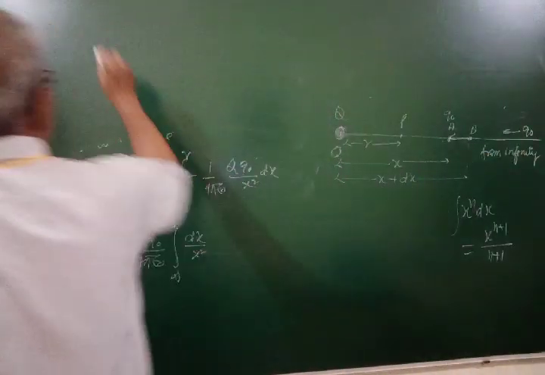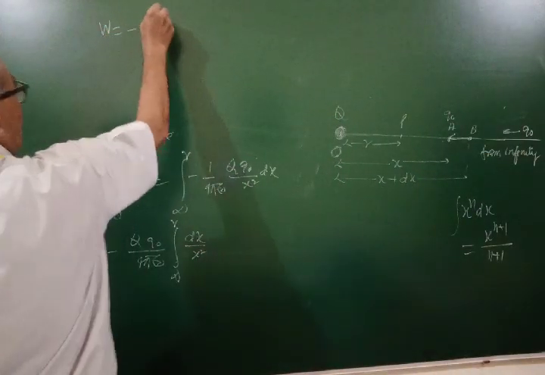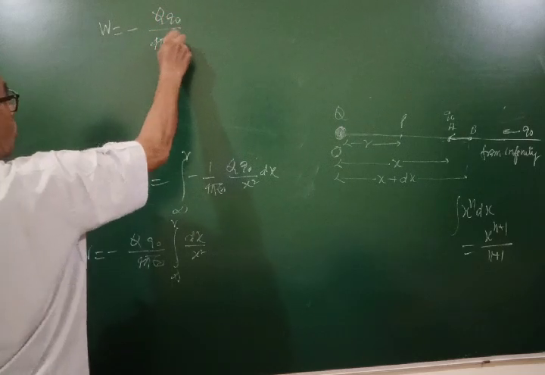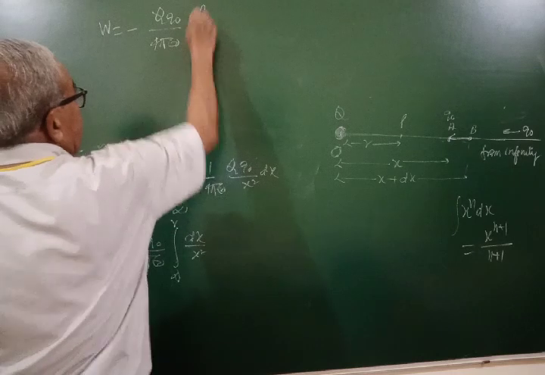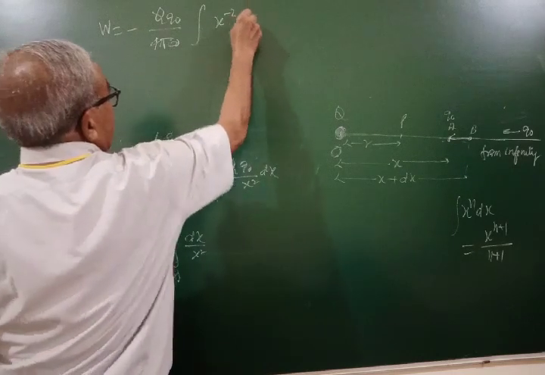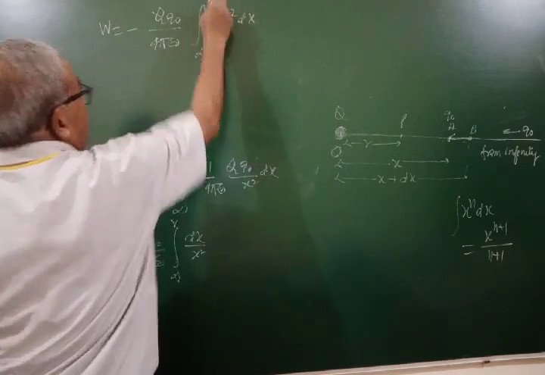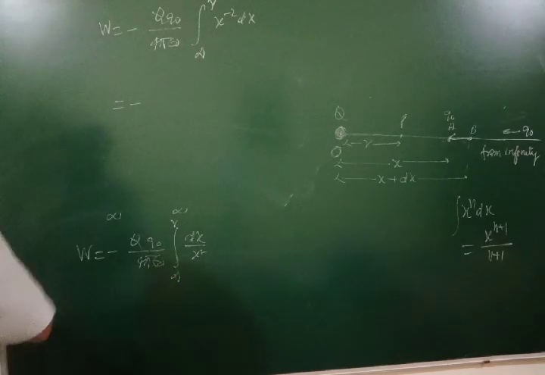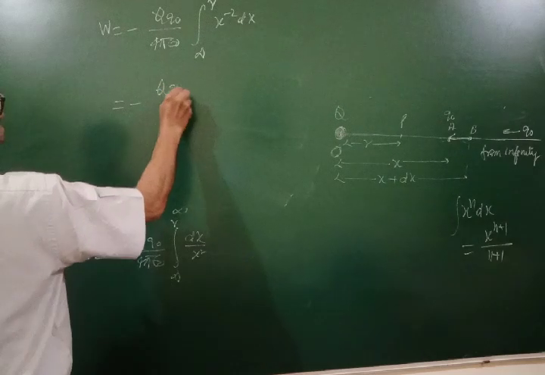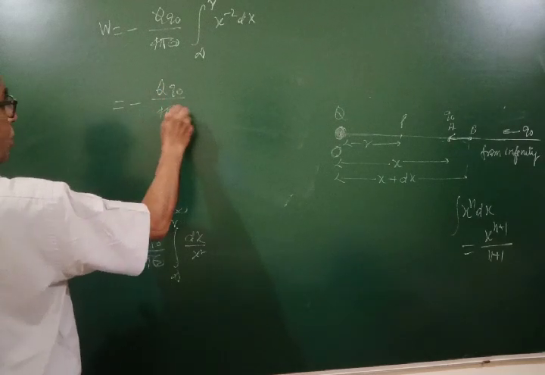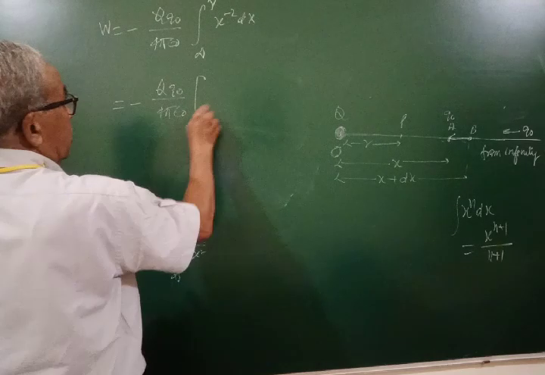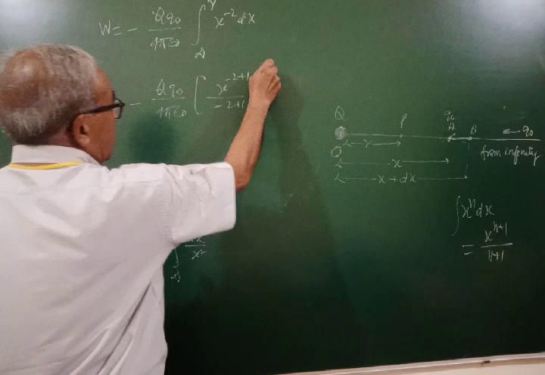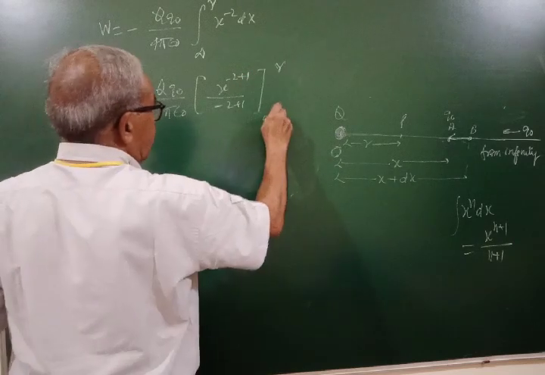So here W is equal to minus Q0 upon 4 pi epsilon 0 integration of x to the power minus 2 dx from infinity to R, which is minus Q0 upon 4 pi epsilon 0 times x to the power minus 2 plus 1 upon minus 2 plus 1, upper limit R, lower limit infinity.